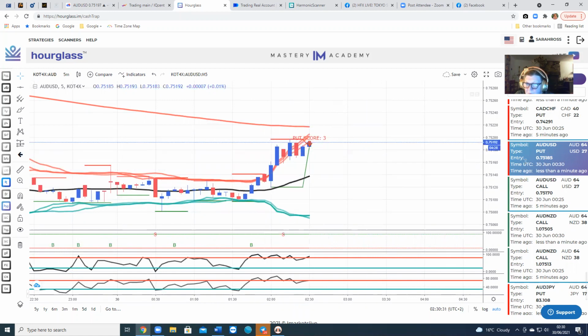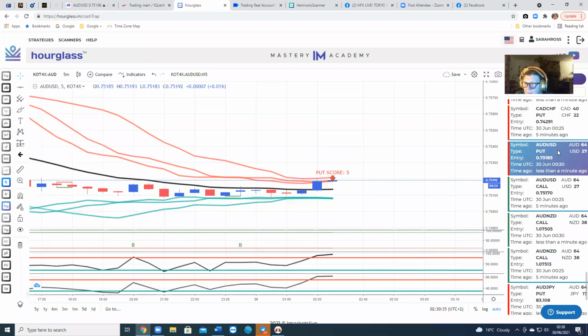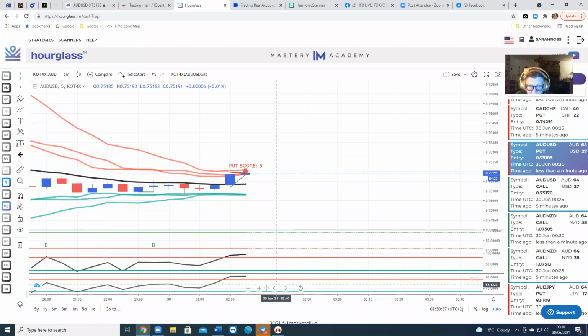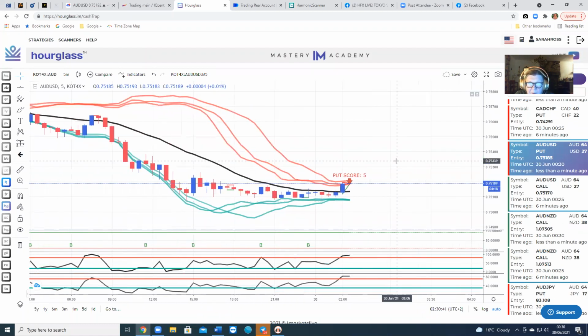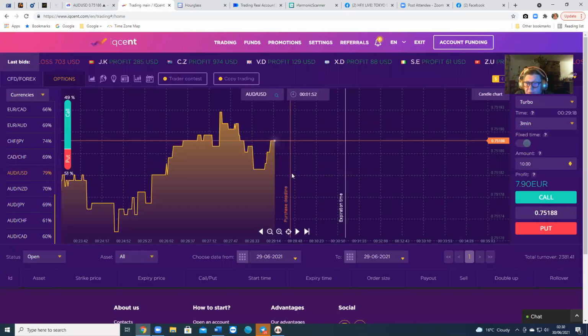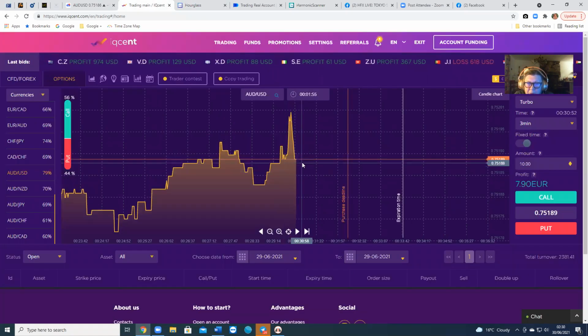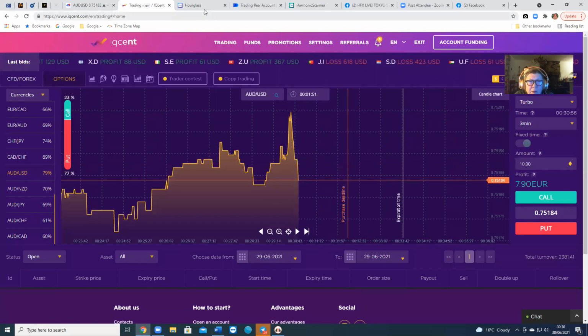So a put score of 3, called at 185, put score of 5. And you can see it's put score of 5, put score of 5, called at 185, 189, so it hit the 200.